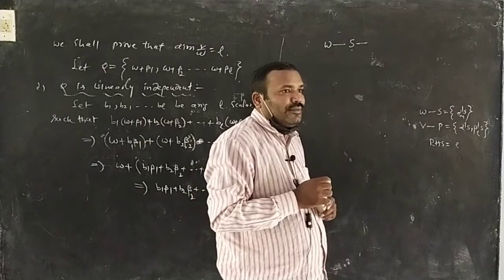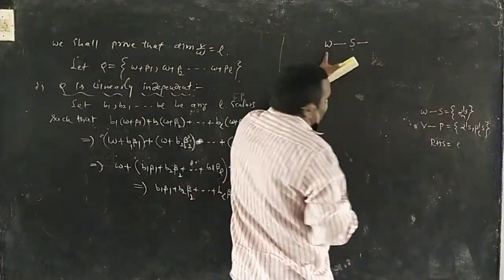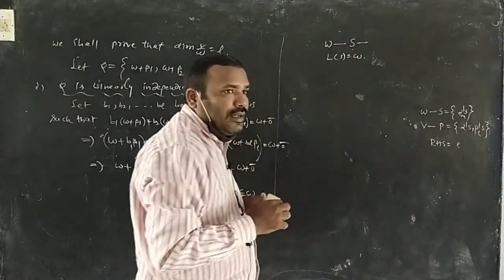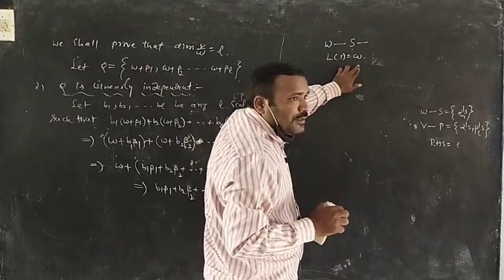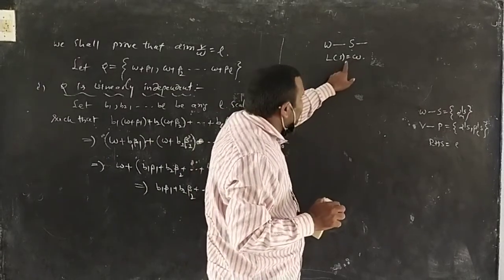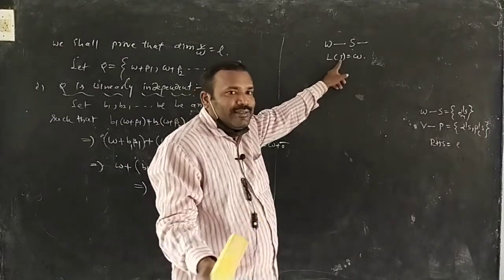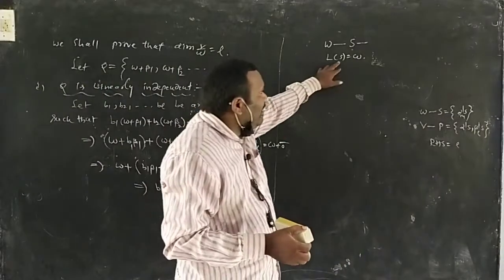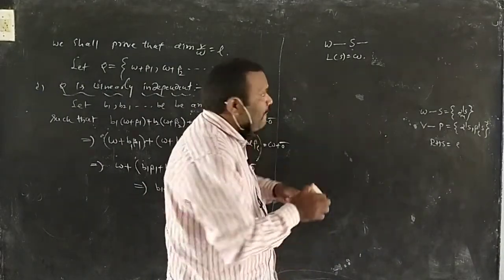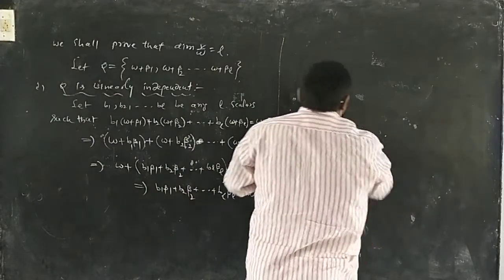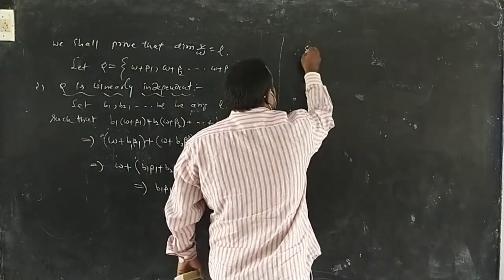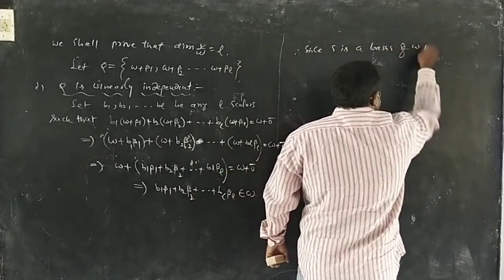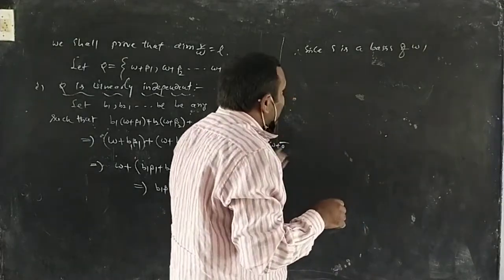So S is a basis of W. That means L of S equals W. This means every element of W can be expressed as a linear combination of elements of S. But this is a vector in W. That means this vector can be expressed in terms of elements of S. Okay? Next, write down. Therefore, since S is a basis of W, this vector can be expressed as elements of S.